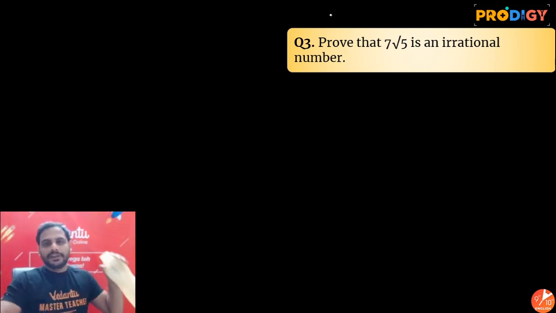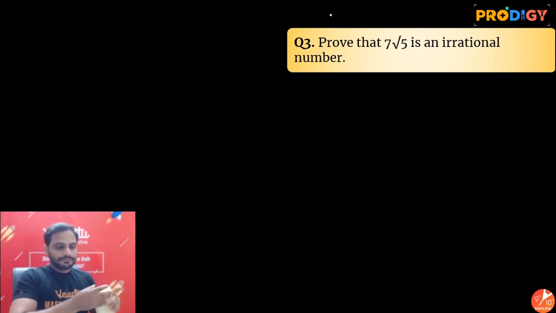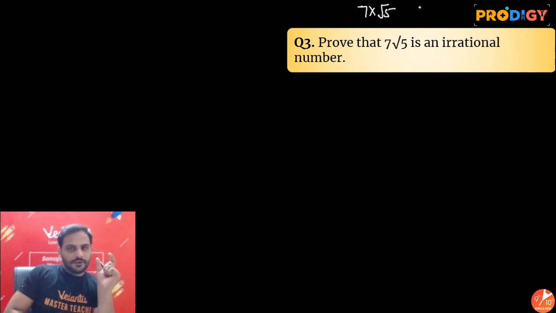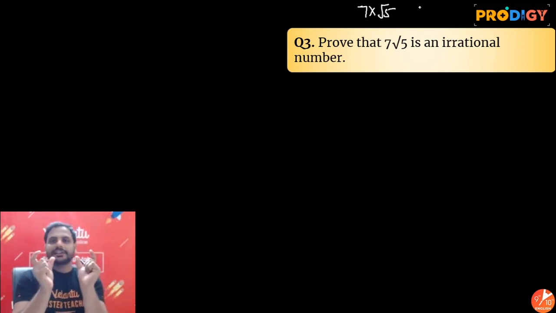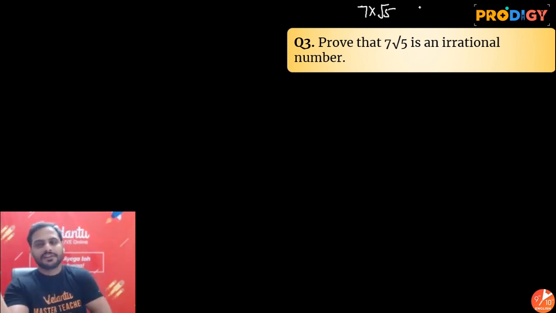But here we have a combination: 7 into root 5. We are checking the multiplication of a rational number with an irrational number. They are asking us to prove that 7 into root 5 is irrational.